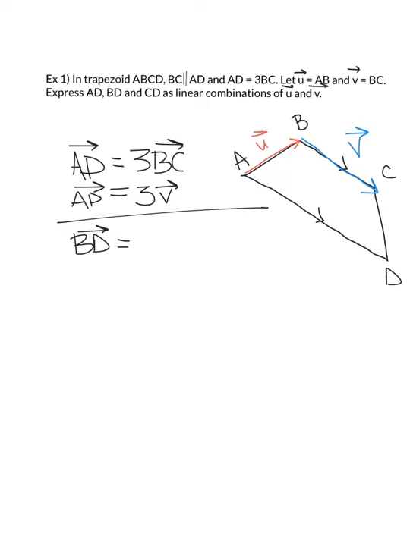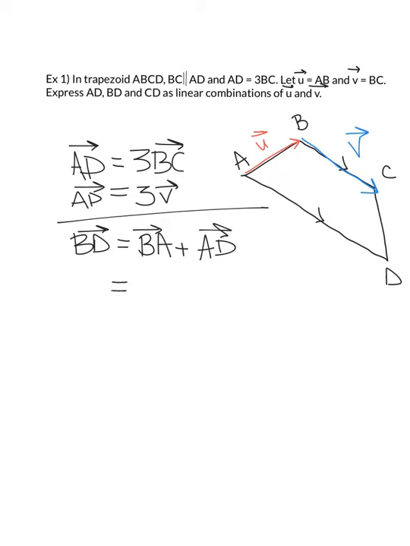So the next vector that we're going to do is vector BD. Now we know from previous lessons that I could rewrite vector BD as a linear combination of BA plus AD. Now when I look at BA, I know what that is.